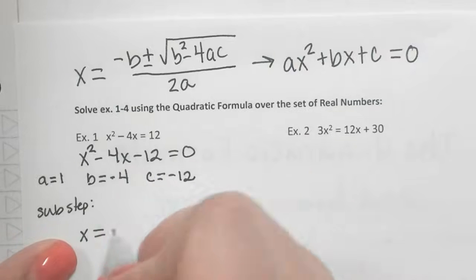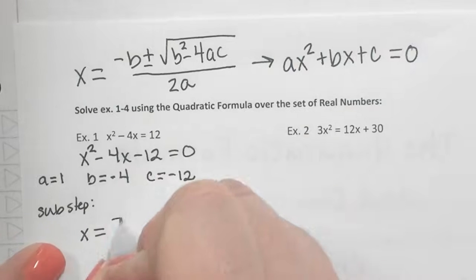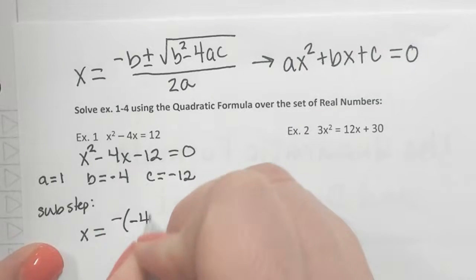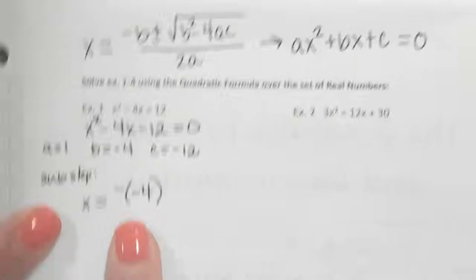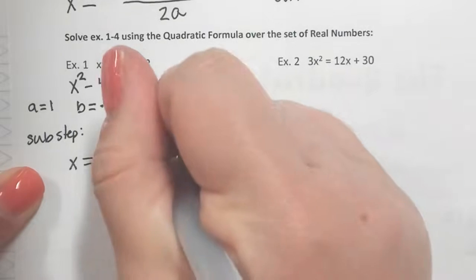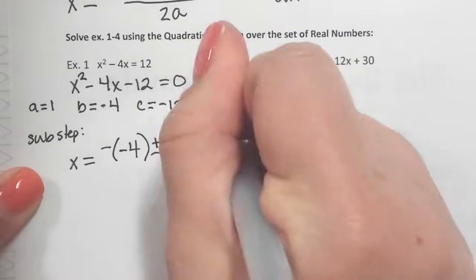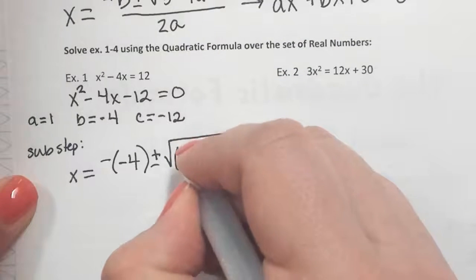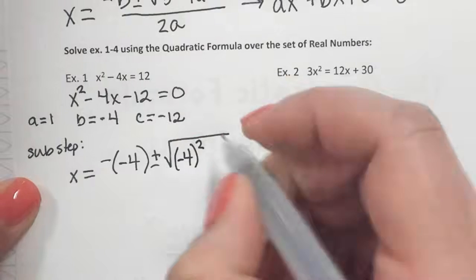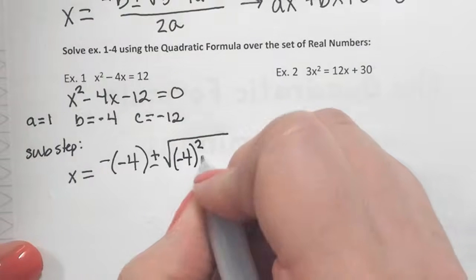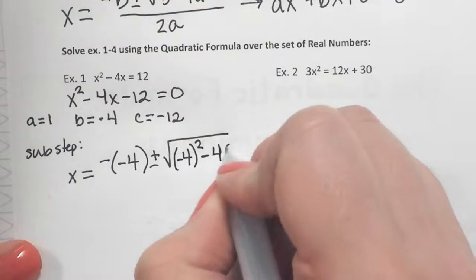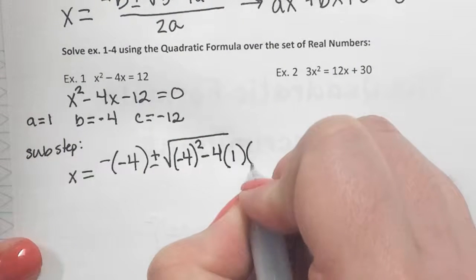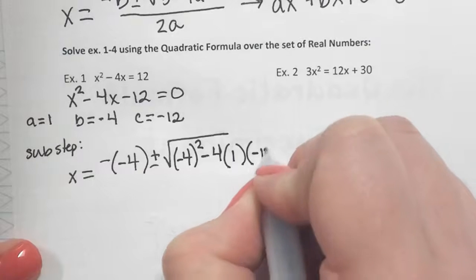So if I do that, x equals negative b, and b is negative 4, so I have negative (negative 4), plus or minus square root of b squared, so (negative 4) squared, minus 4 times a, which is 1, times c, which is negative 12.